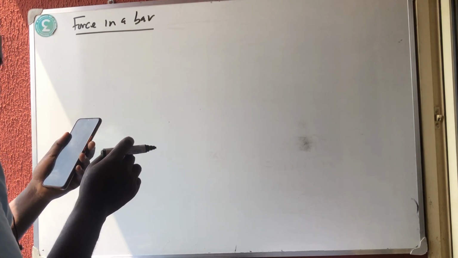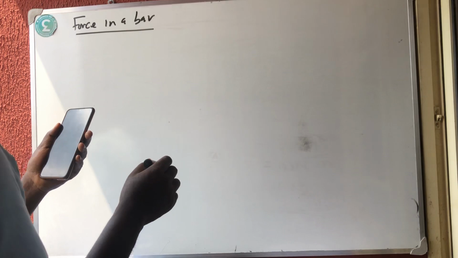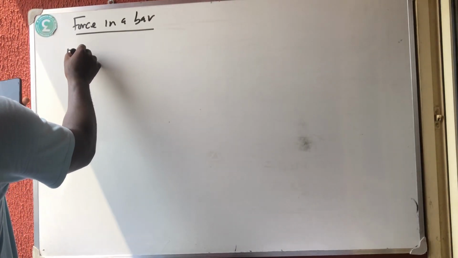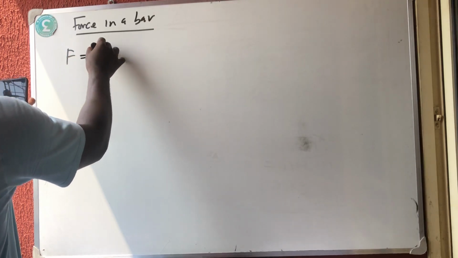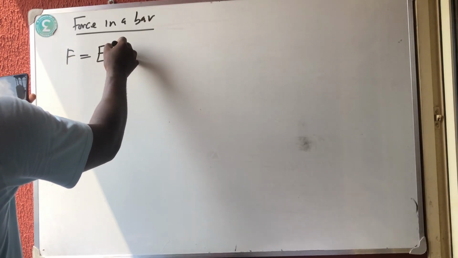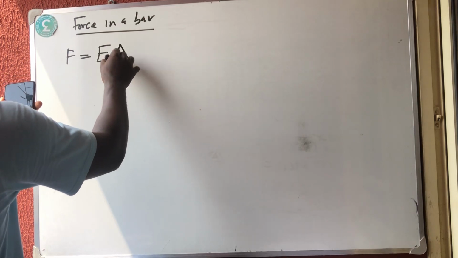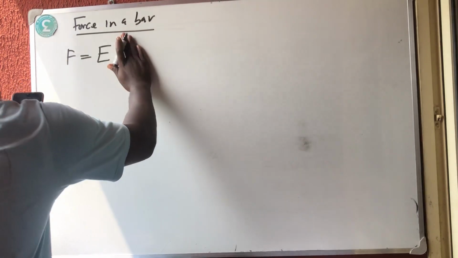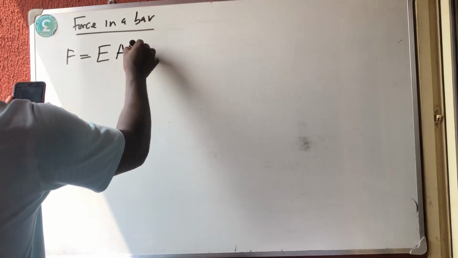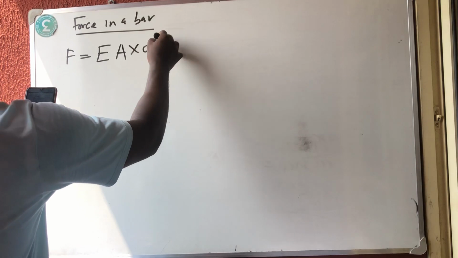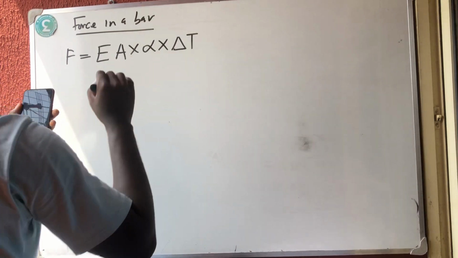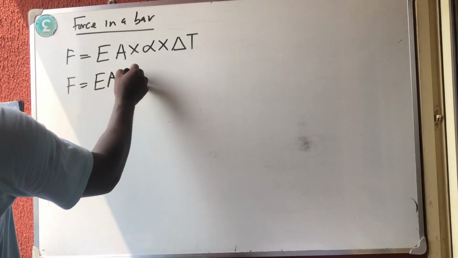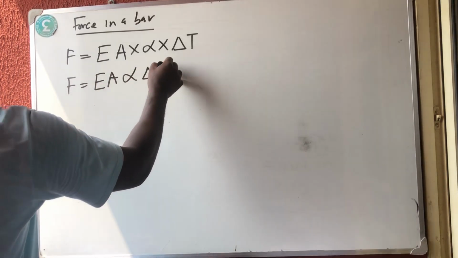So the formula for force in a bar is given by: the force in a bar is equal to Young modulus times area times linear expansivity times change in temperature.